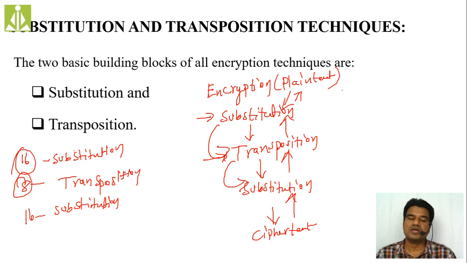So in this way these substitution and transposition techniques will work. Whatever output we get, they give as an input to the next operation. In that same way they perform 16 rounds of substitution, then 8 rounds of transposition, then 16 rounds of substitution before getting the ciphertext.